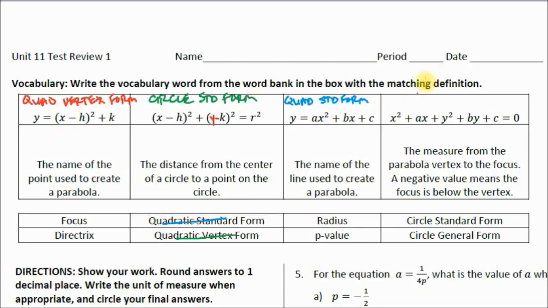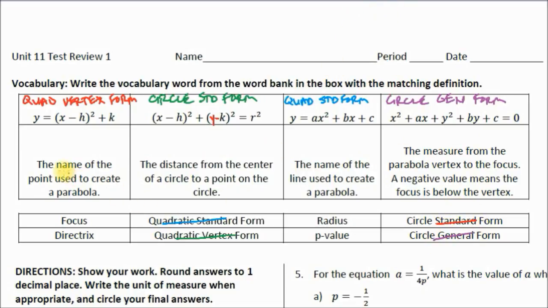Let's cross that out, and let's cross out the circle standard form. Alright, next one, x squared plus ax plus y squared plus bx plus c equals 0. We learned this is circle general form. So we got through the equations.